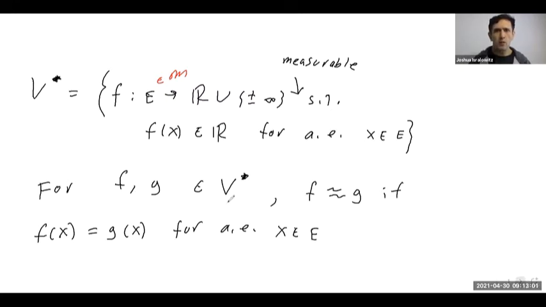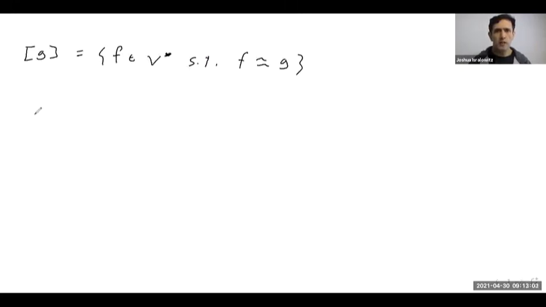All right, and so what did we do last time? We said V is just a collection of all classes. The idea being, in all mathematics, whenever you deal with an equivalence relation and you want to look at equivalence classes, you're saying, well, I don't really want to distinguish between two different equivalent elements. And that's the same thing here. We don't really care if two functions differ on a set of measure 0.